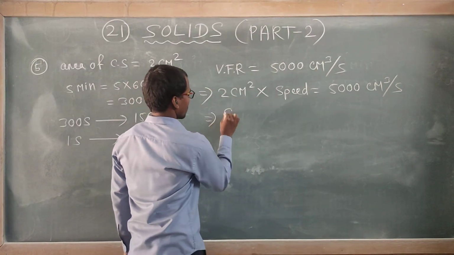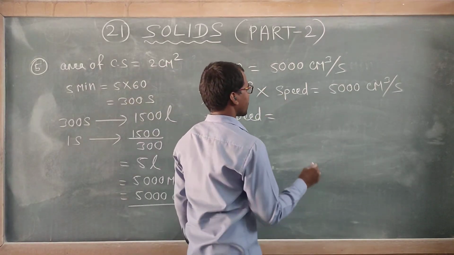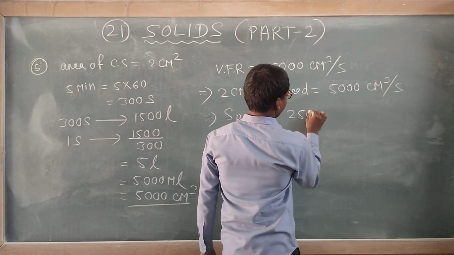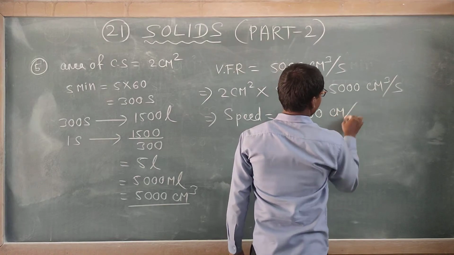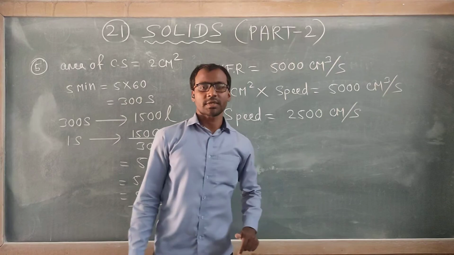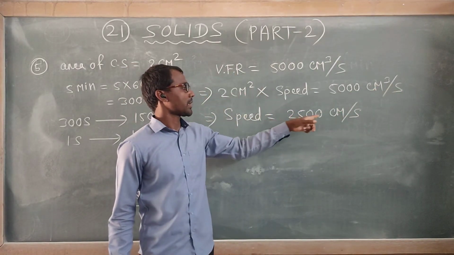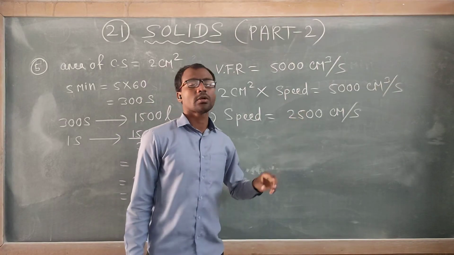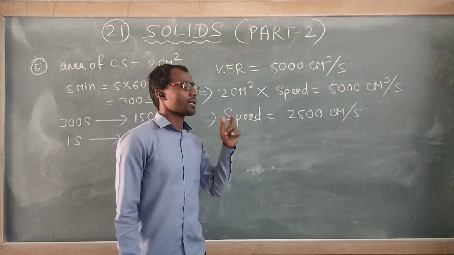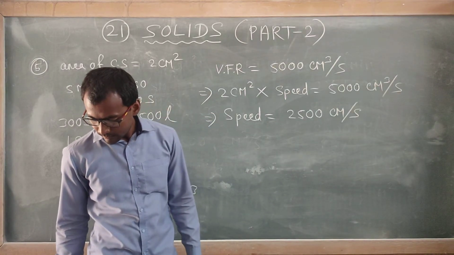So speed is equal to 5000 by 2, which is 2500 cm per second. Speed is always in cm per second. If you divide cubic cm per second by square cm, you will get cm per second. So this is the speed of water inside the pipe, 2500 cm per second.